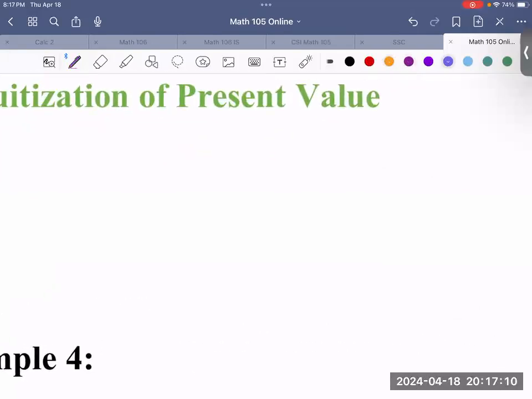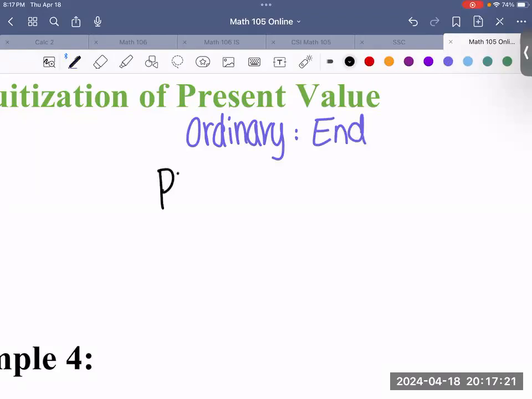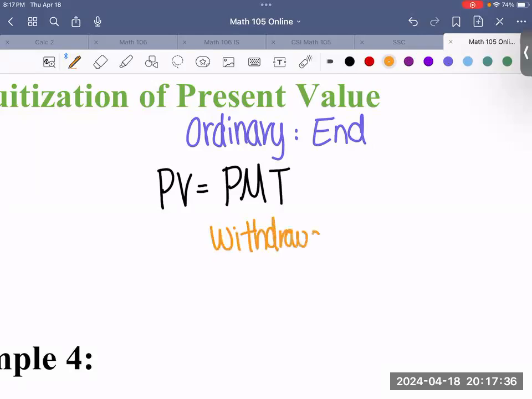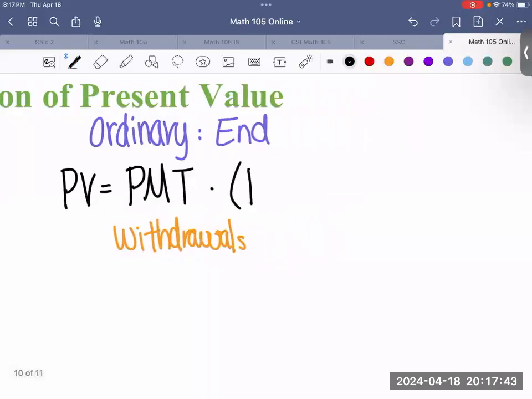One being ordinary, which is at the end. This has the formula PV, or present value, of your payments. And instead of being deposits, these are now going to be your withdrawals, times, and because they're similar ideas, their formulas are also going to look very similar.